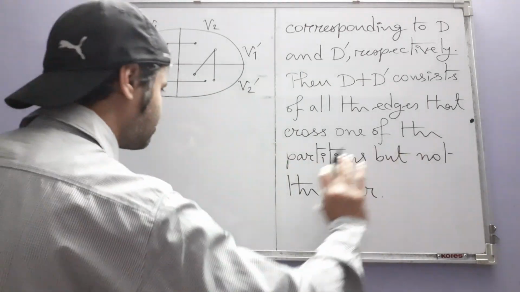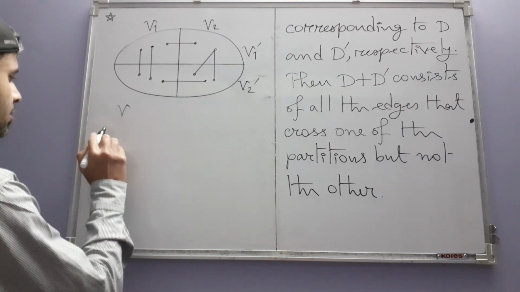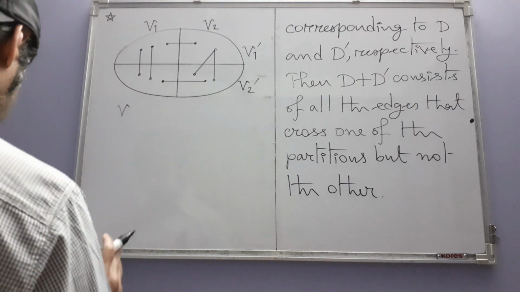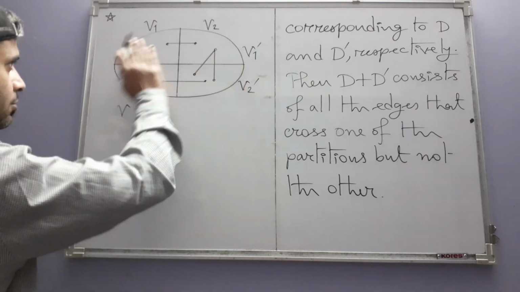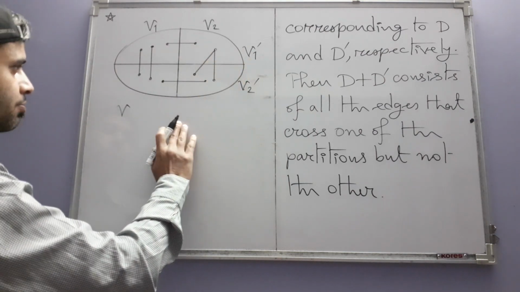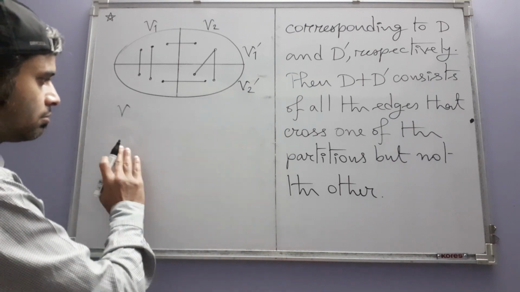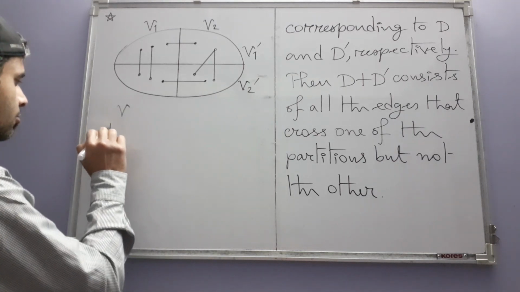So now, after this line next comes, but these are precisely the edges. So that means now we have to mathematically express the allowed edges.